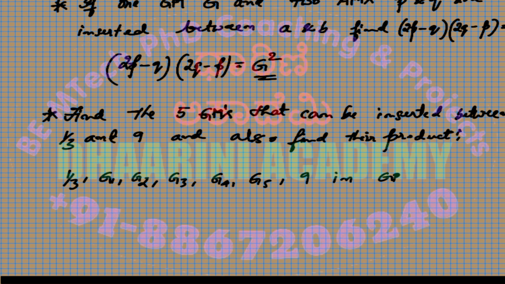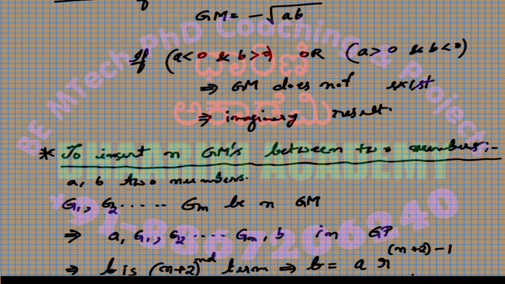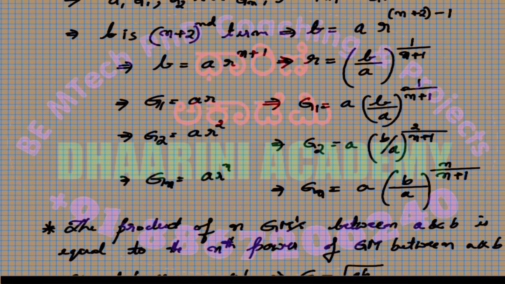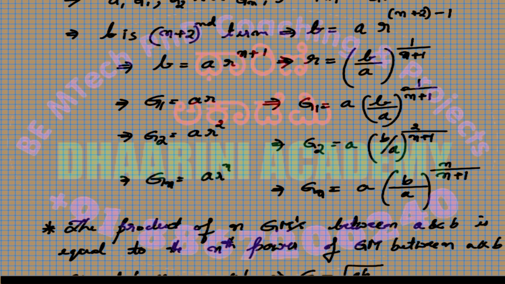So if it is in GP, I know that I can find out the common ratio R, we have one formula, right? What is R? R can be found as B by A whole raised to the power 1 by N plus 1, right?